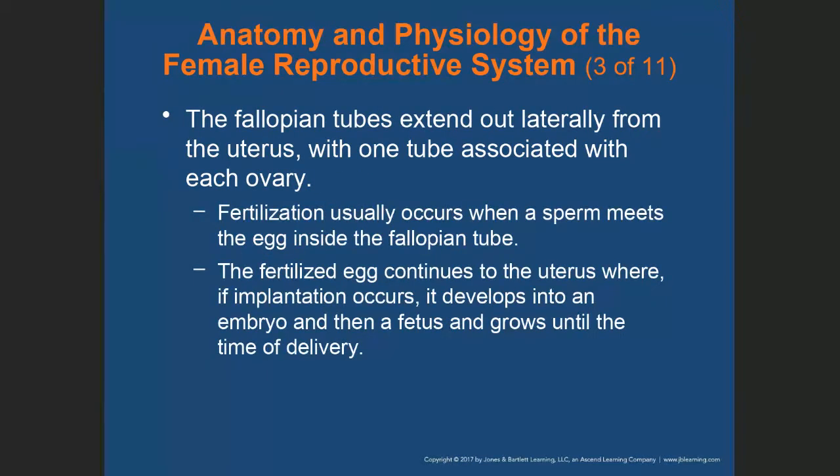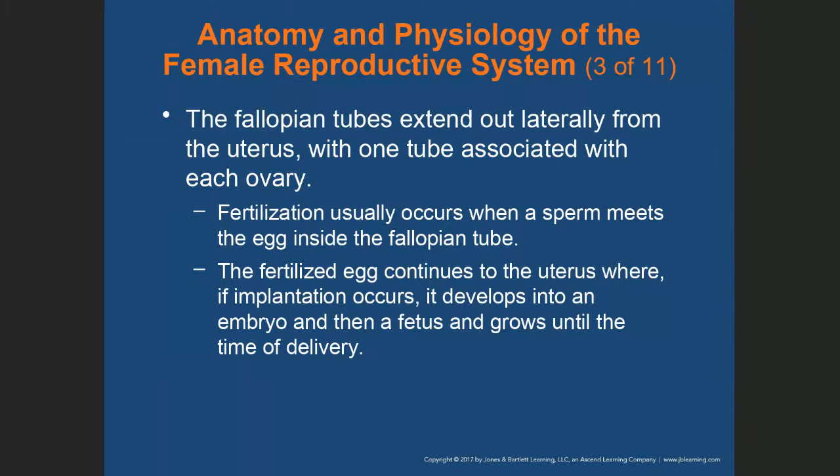The fallopian tubes extend out laterally from the uterus, with 1 tube associated with each ovary, and they alternate. So if this month it was the left ovary that released an ovum, then next month it will be the right.